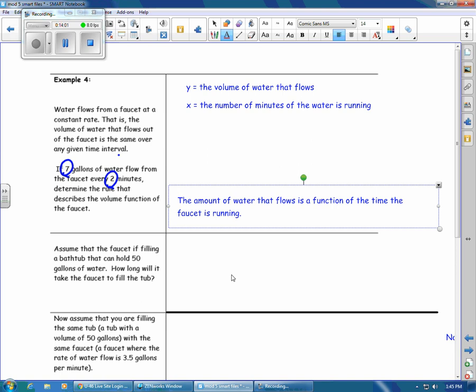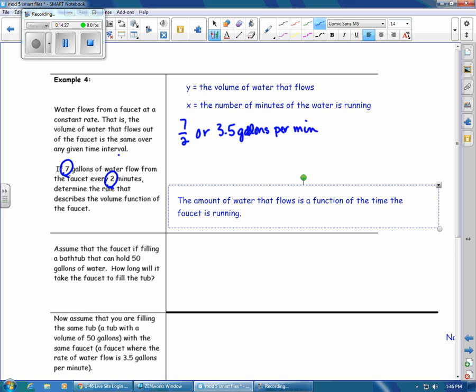So if we're trying to figure out our rate of change here, or the rate that it's coming out, we've put gallons over time. So this would be 7 over 2, or we can say that's 3.5 gallons per minute.